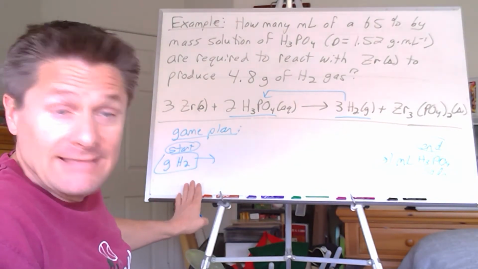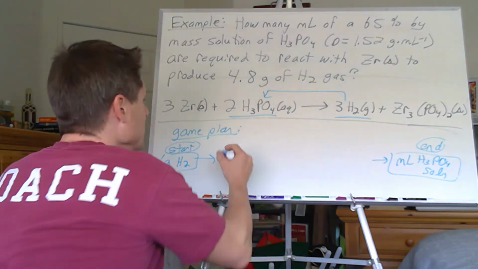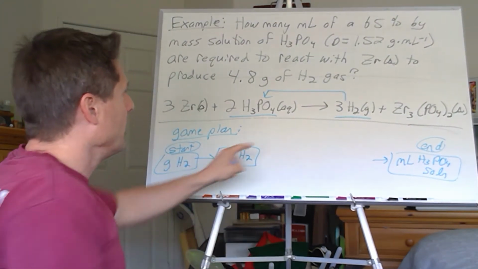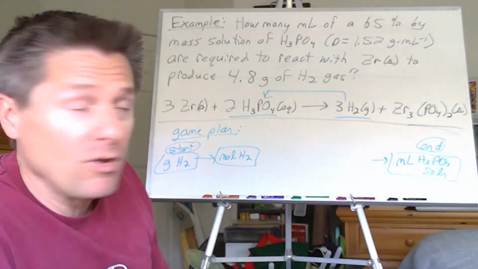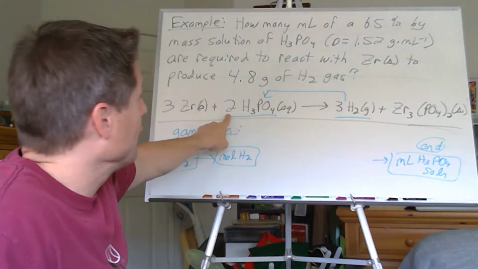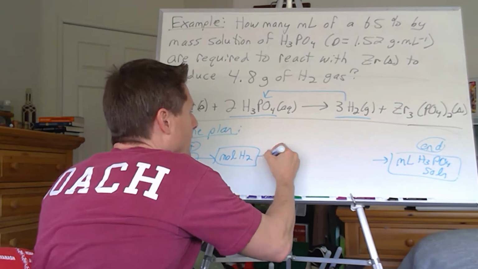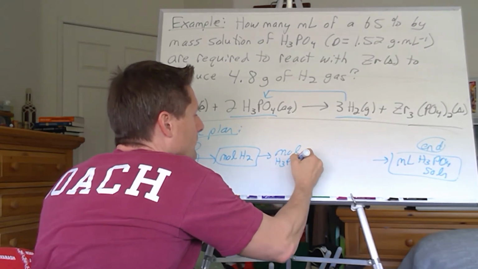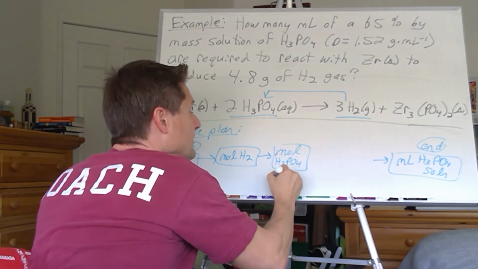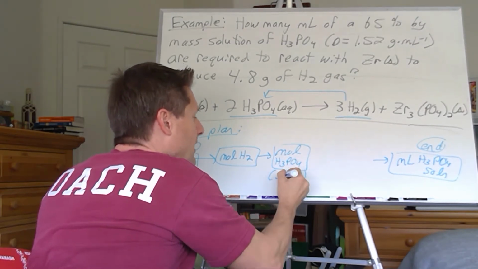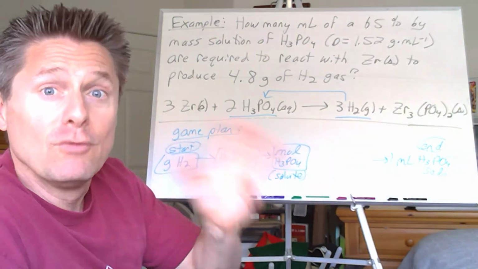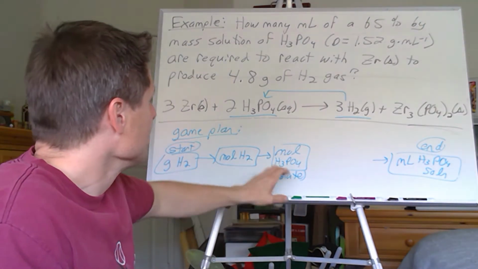It's a molar mass. That should be pretty straightforward. So we can go to moles of H2 quite easily with the molar mass. And then we can go 3 moles of hydrogen to 2 moles of phosphoric acid. And this is the solute, my friends, not the aqueous solution. That is the solute, the particles moving around in the solution.